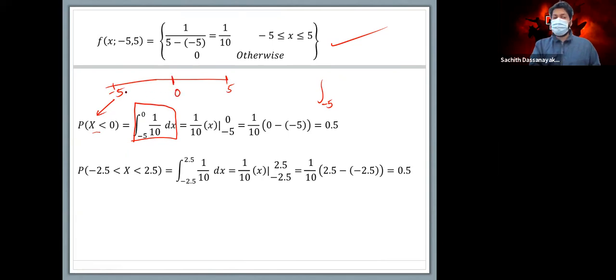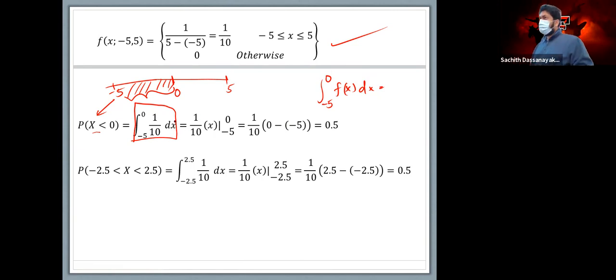You need to get the probability, or the area, between -5 and 0. So you have to integrate from -5 to 0, f(x) dx. Here f(x) means your function, 1 over 10. So 1 over 10 dx, x is the variable.